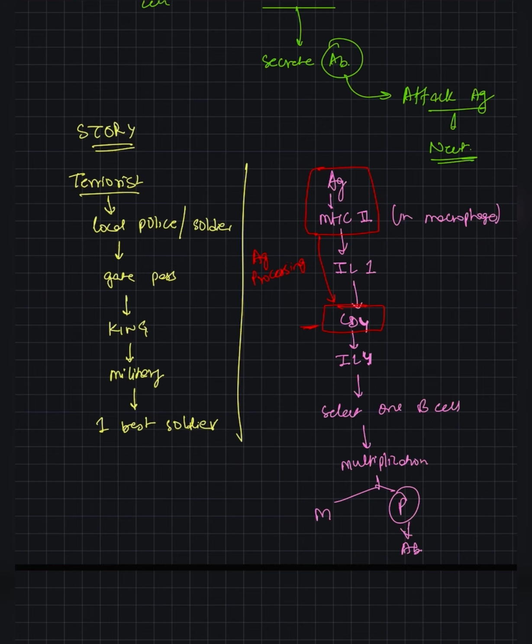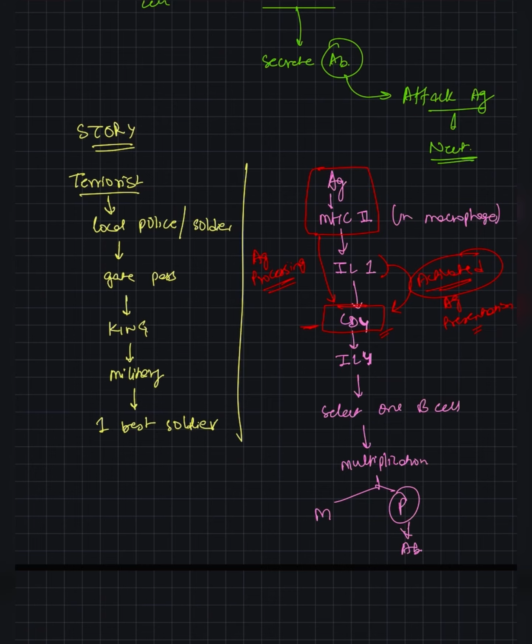After interleukin 1 is released, CD4 gets activated, and this process is known as antigen presentation. So the process of taking antigen towards CD4 is antigen processing, but the process of activating CD4 is antigen presentation.